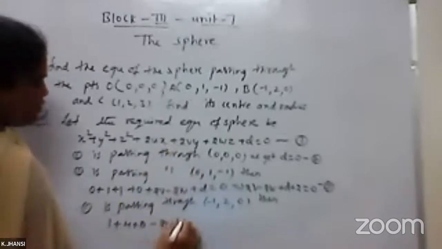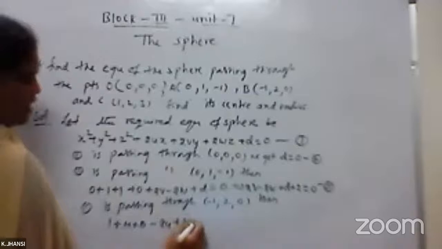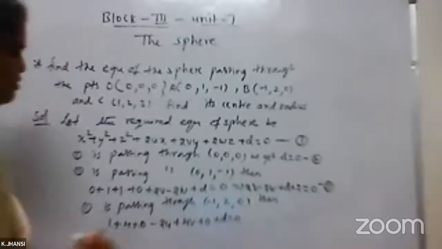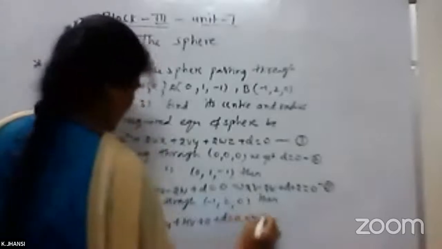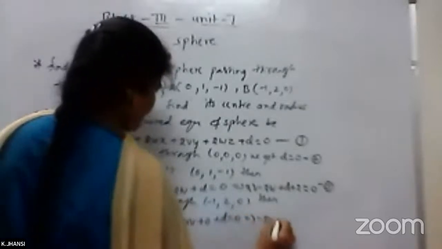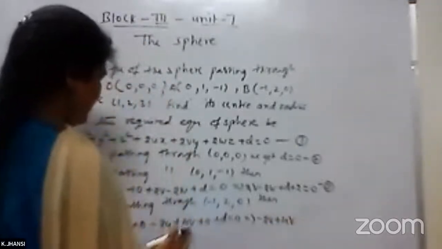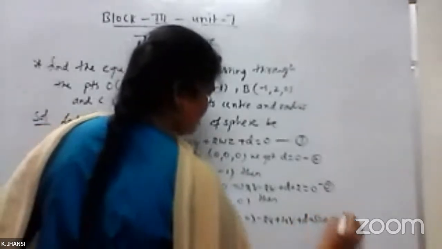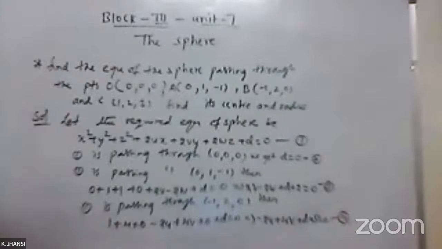Next 2 2s are 4v. The z value is 0, plus d equals to 0. So when you simplify this, it is -2u plus 4v, w is not there, 4 plus 1 is 5, plus d equals to 0. This is the third equation.